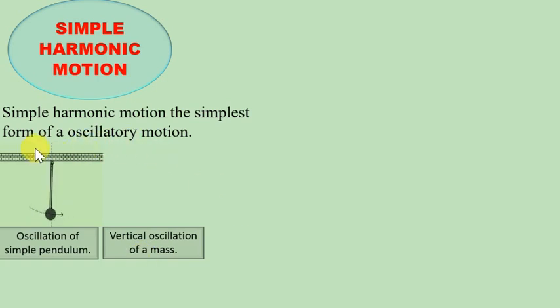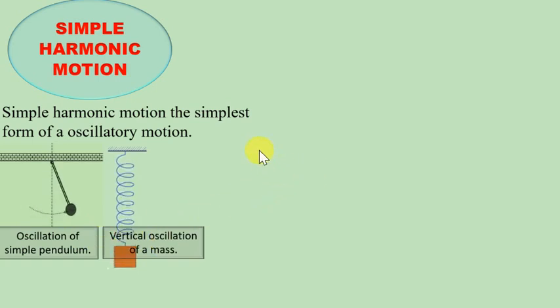That's the center here. Number 2, we'll be looking at oscillation of a mass attached to a spiral spring. It moves to and fro, back and forth, up and down about a fixed point or the rest position.